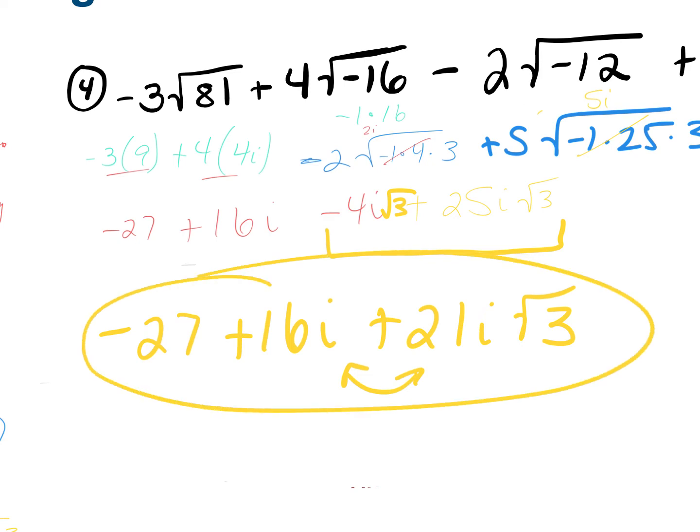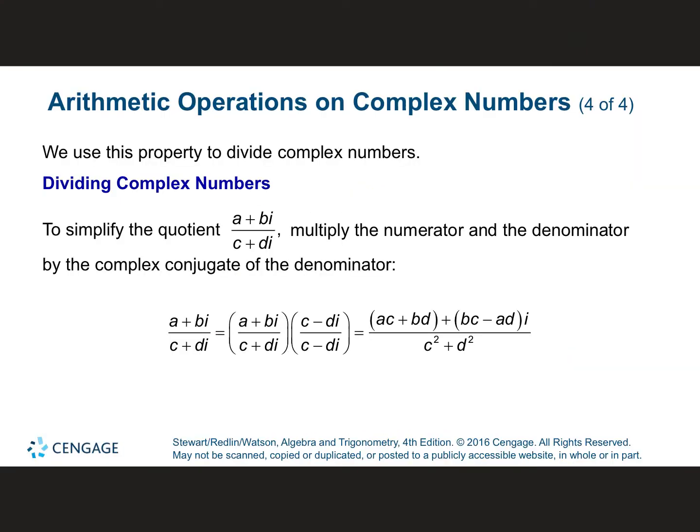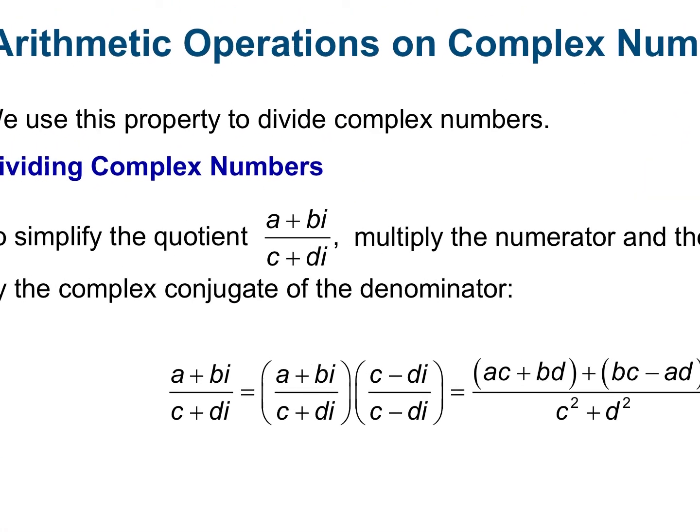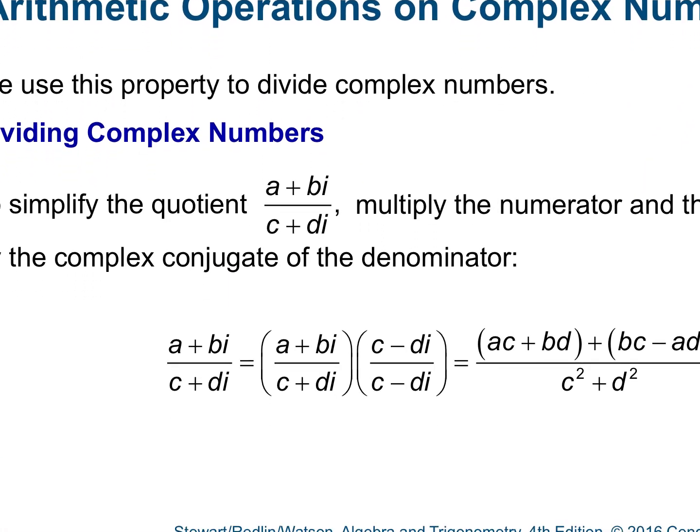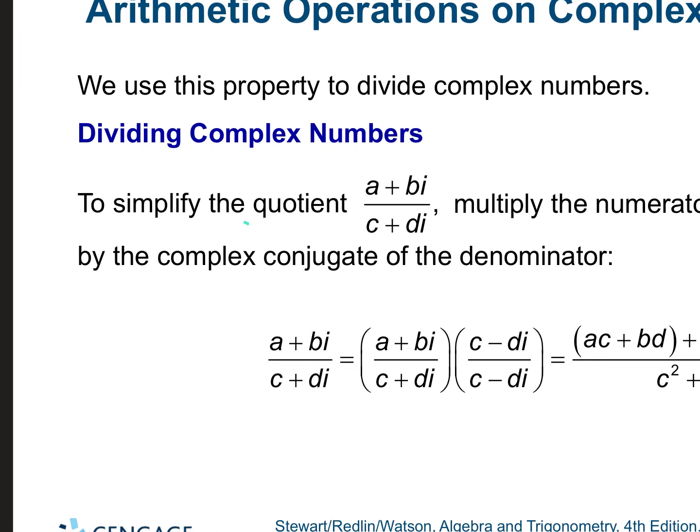Everybody with me? All right, let's move on to our division. Okay, like I just said, division is all it is, two multiplication problems. But the biggest thing that you need to remember is you have to multiply the denominator of whatever problem you're looking at by the complex conjugate.